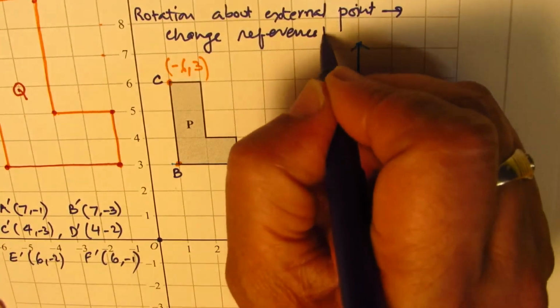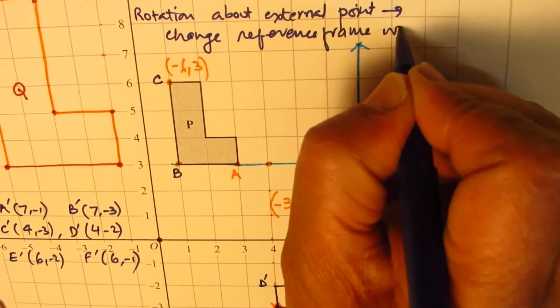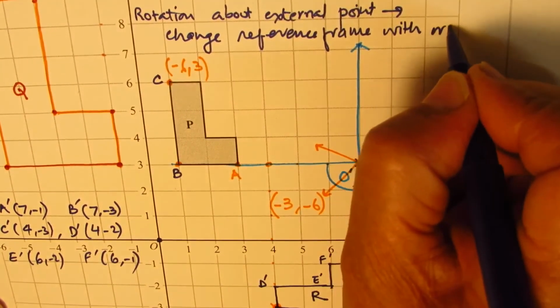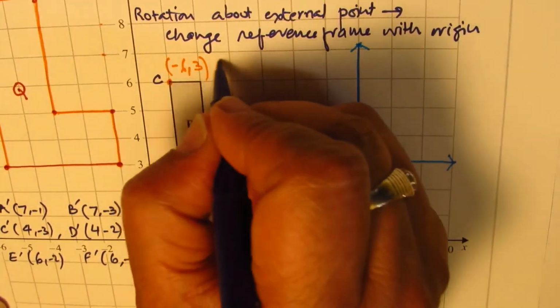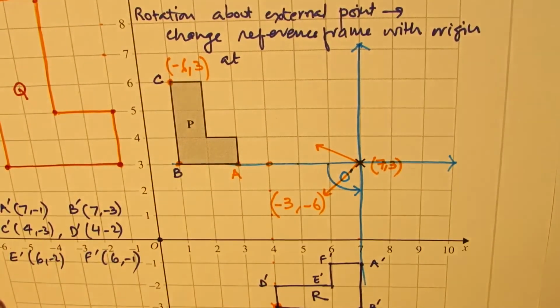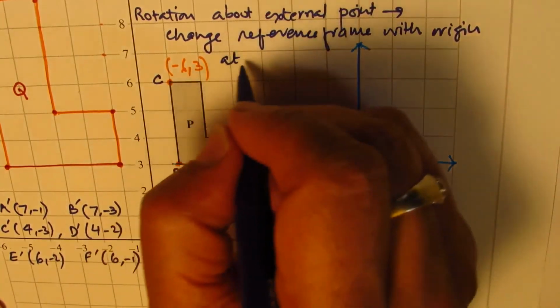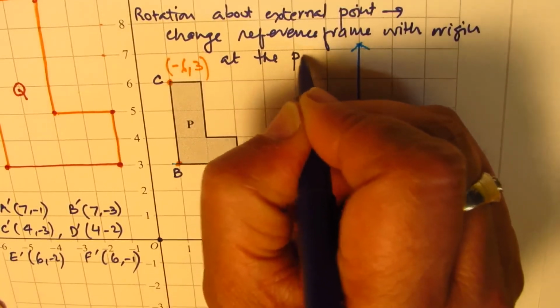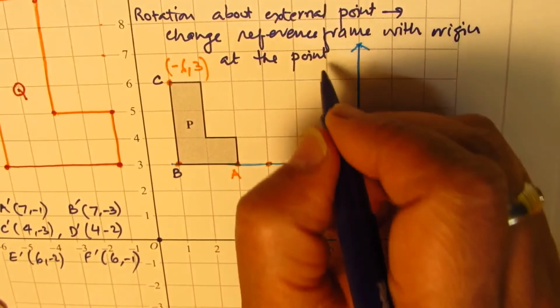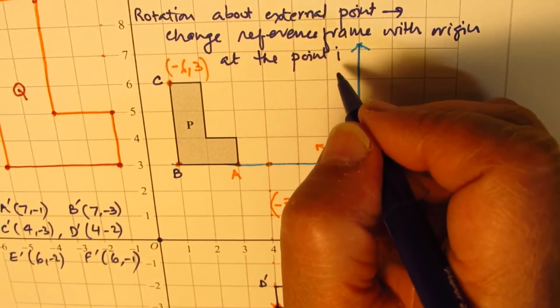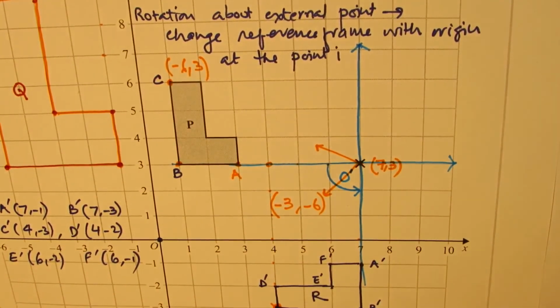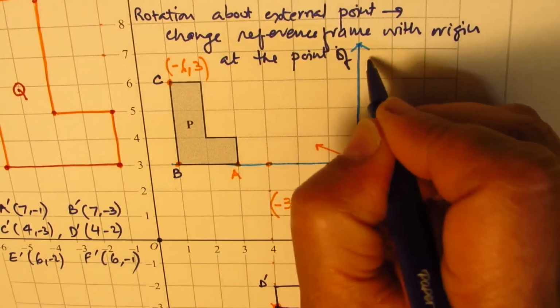We call this reference frame with origin at the point, we'll say point about which it has to be rotated, right? Point of interest.